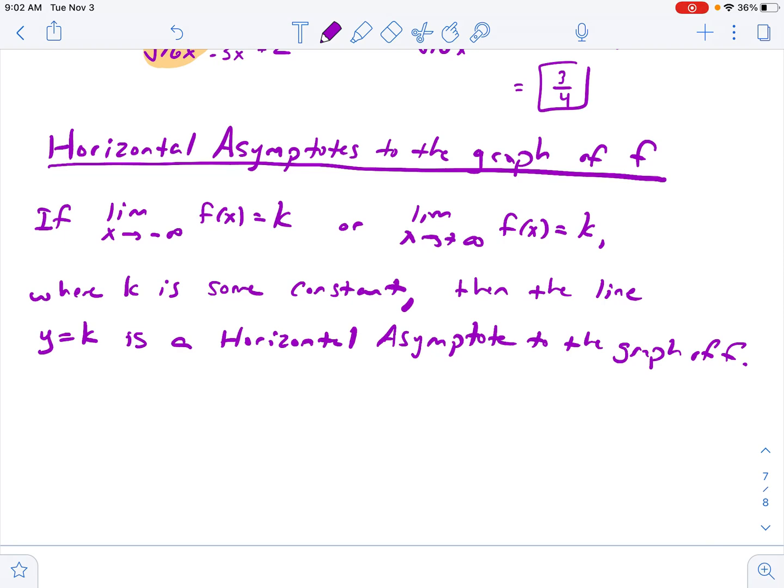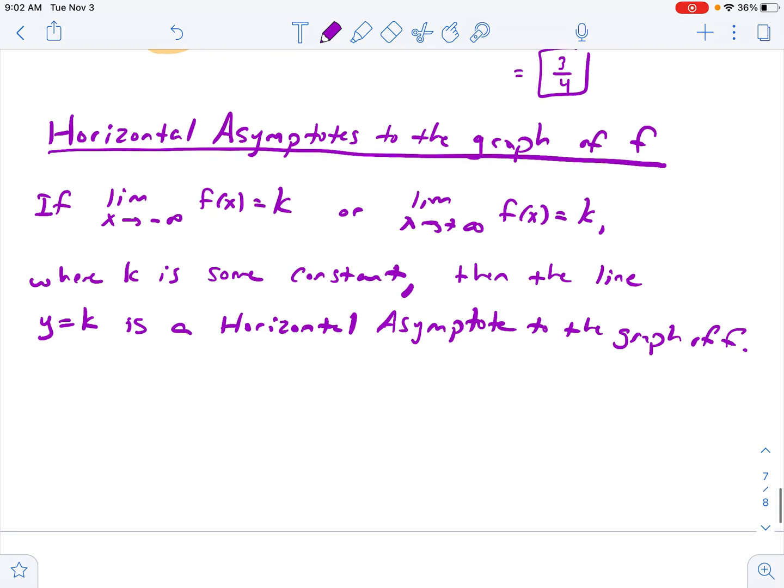Okay? How many horizontal asymptotes could a function possibly have?